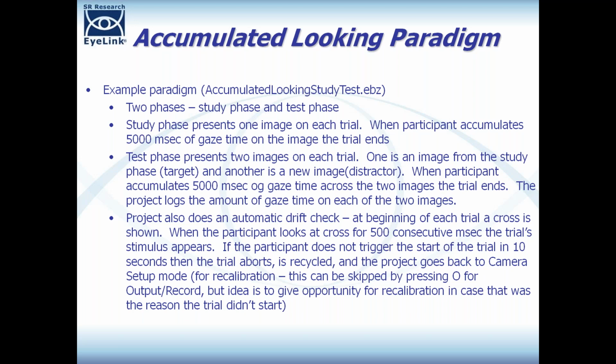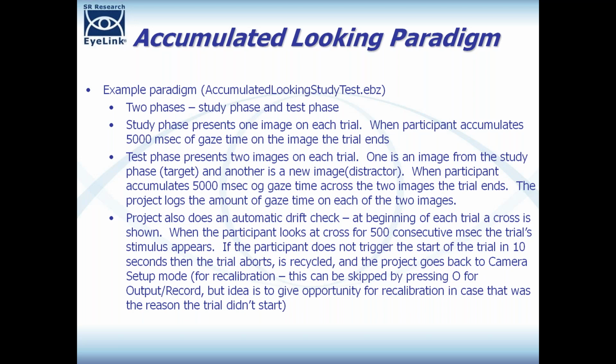This example project, just because this type of paradigm is often used in developmental psychology and in those types of settings, often researchers want to do what's called an automatic drift check. So this project is going to use an automatic drift check.